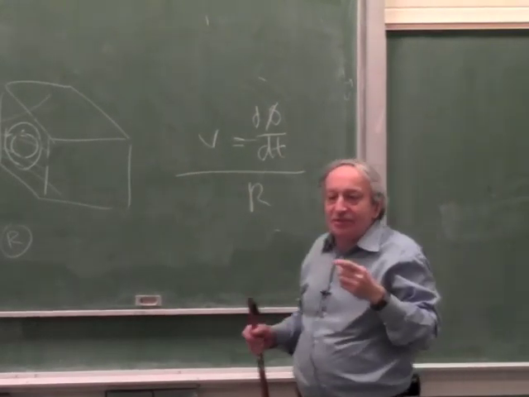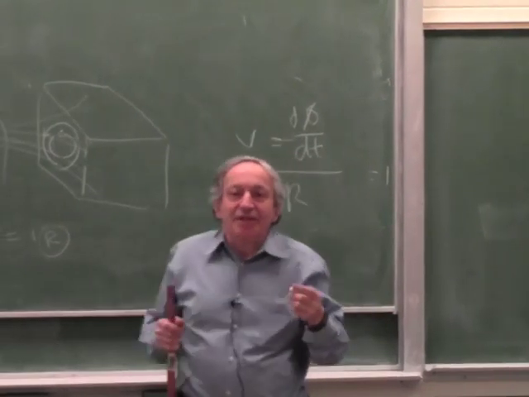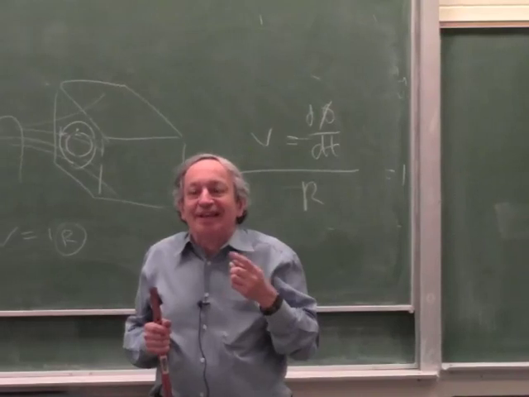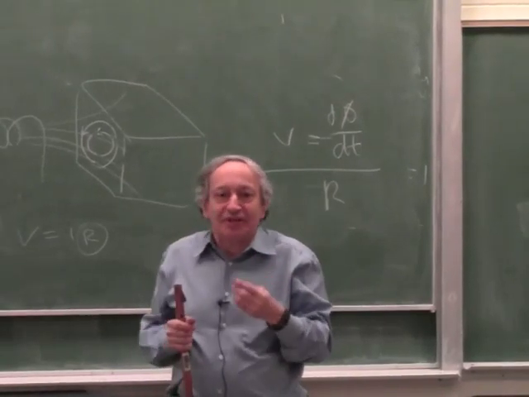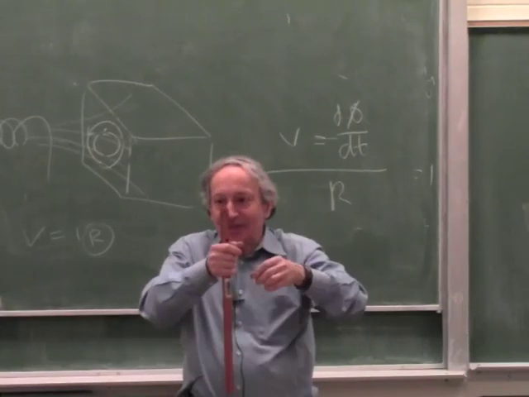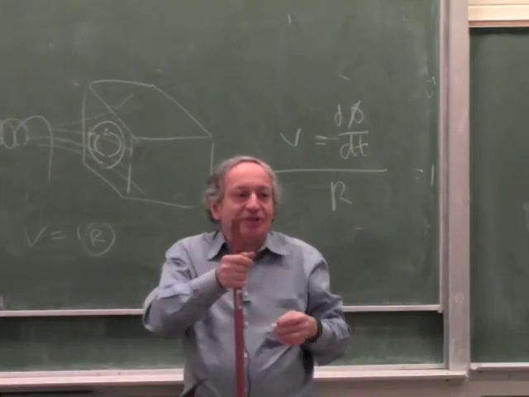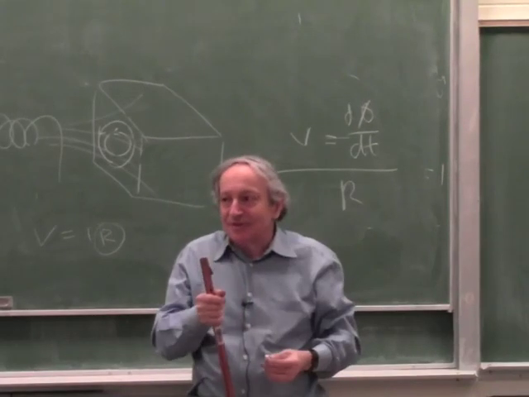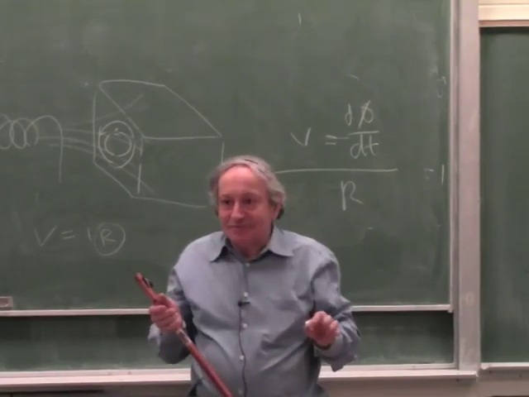By Lenz's law, this current will create an opposing magnetic field which will try to cancel the reason for it happening. Since the reason for it happening is the fall of the magnet, the polarity of the induced magnetic field will be such as not to allow the magnet to fall. Is that clear? Good.